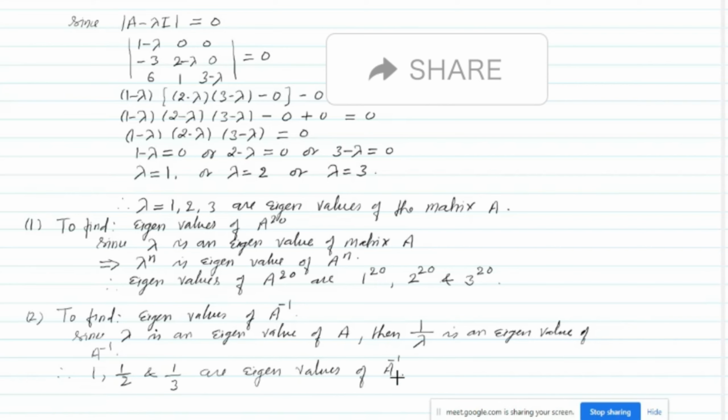Therefore 1, 1 by 2 and 1 by 3 are the eigenvalues of A inverse. Okay, 1, 1 by 2 and 1 by 3 are the eigenvalues of A inverse.